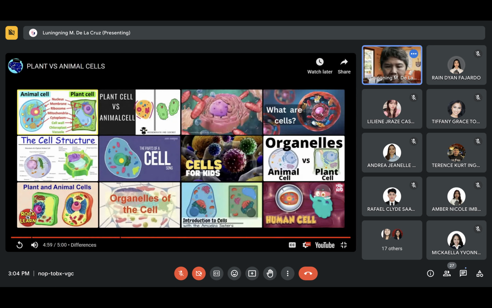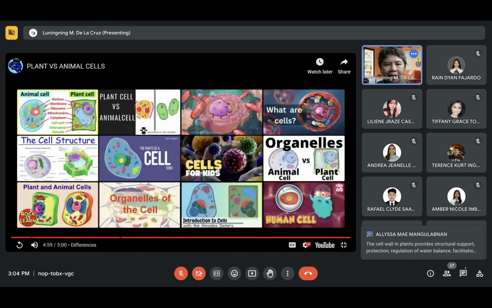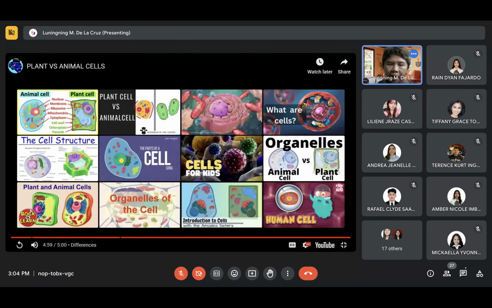Now, do you think of any other reason why the plant cell needs cell wall? Aside from that, why do you think the cell wall needs to be have for its tensile strength? Okay, so that is also for support.